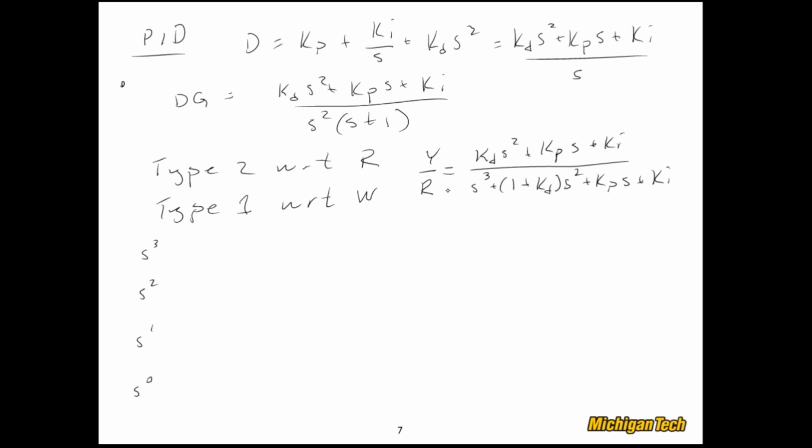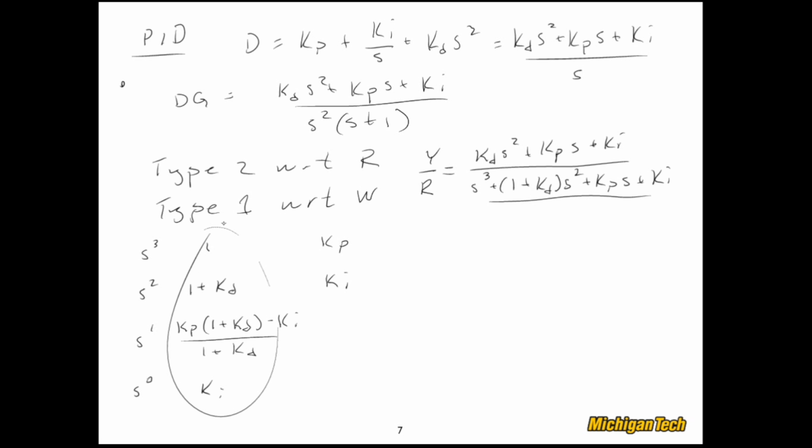So let's see, we pick up from this characteristic equation a 1 and a Kp, a 1 plus Kd now, and a Ki. Now this S1 term is Kp times (1 plus Kd) minus Ki, over 1 plus Kd, and down here we have Ki.